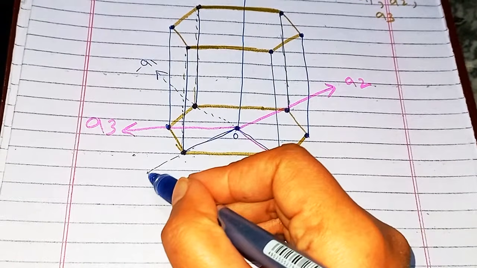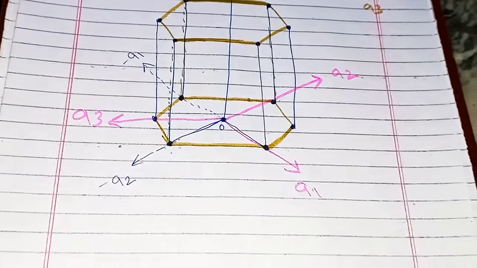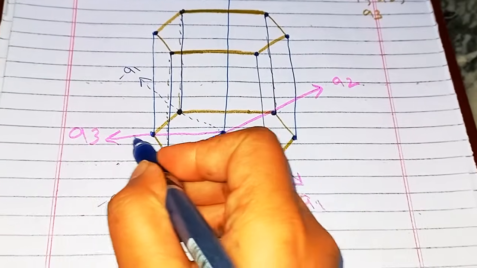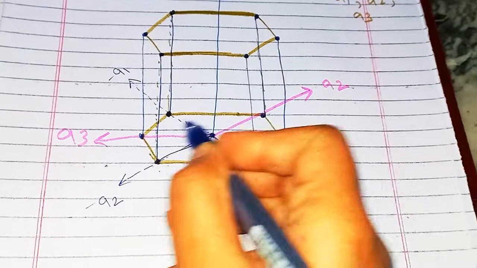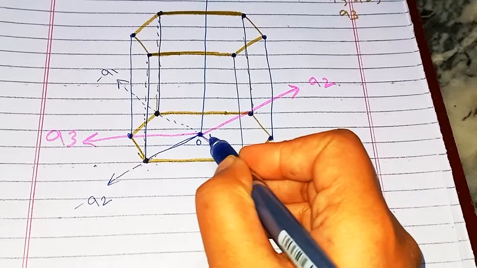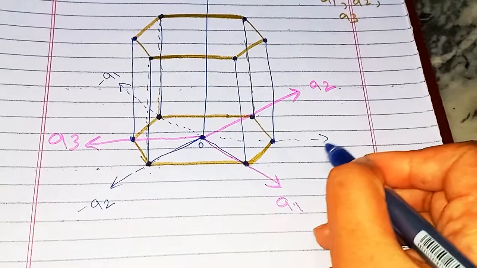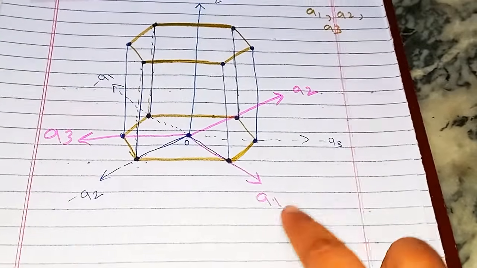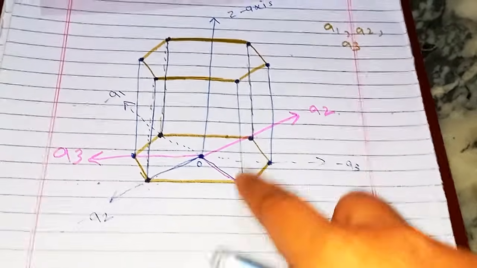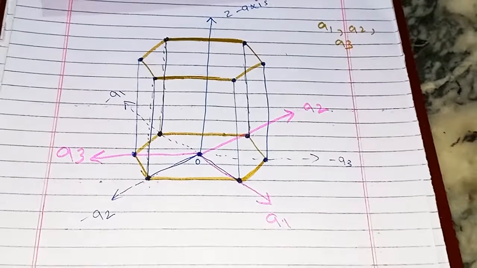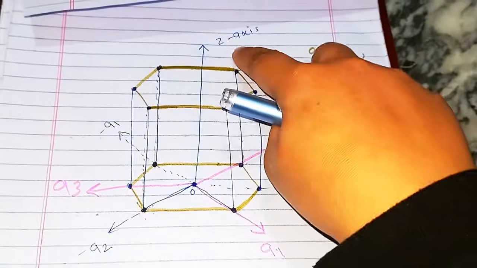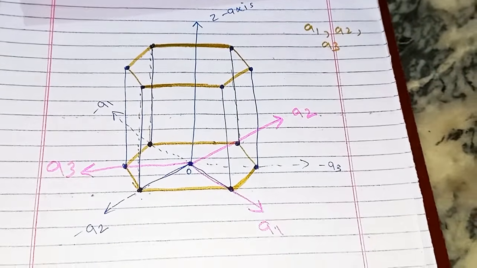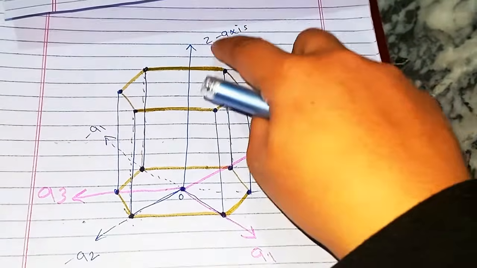This direction will be the negative a2 direction. This is the positive a3 direction, and the corner directly opposite is this, so this will be the negative a3 direction. Alright, so we have all these positive and negative directions in one place in a single unit cell. The only issue is with the z-axis, and we'll see how to deal with negative indices for the z direction.